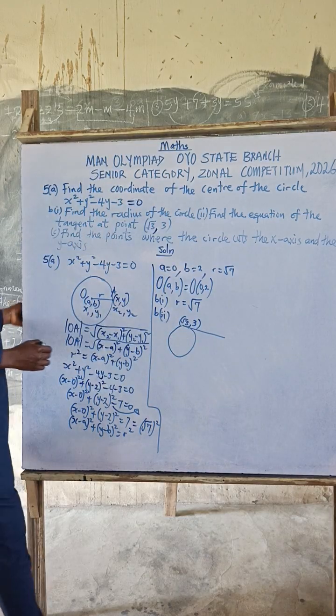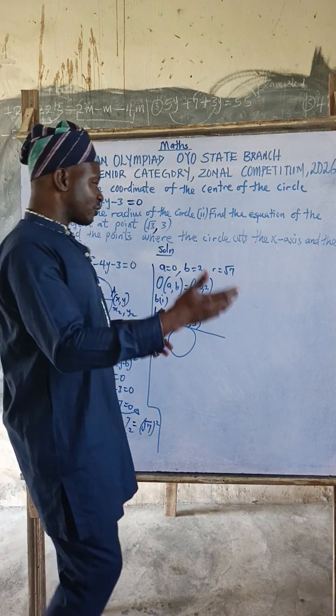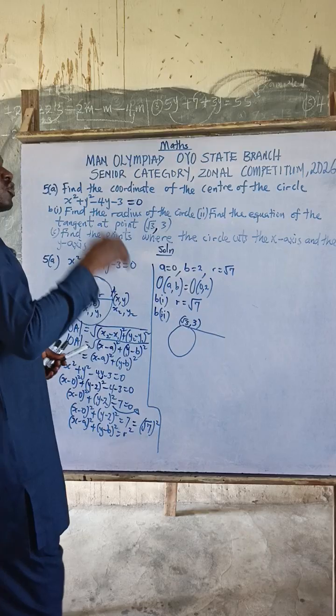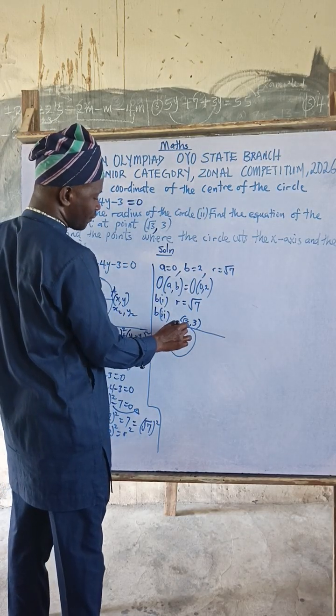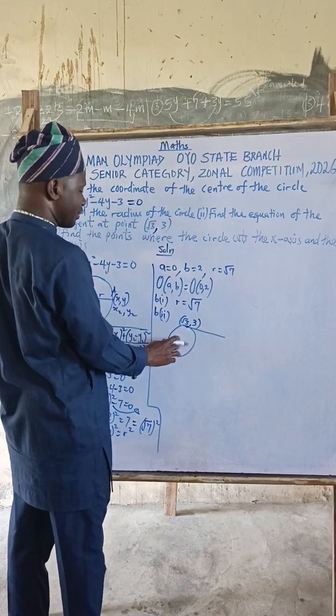A tangent is a line that touches the external part of the circle, while a normal is a line that touches the internal part of the circle. If any line is drawn from the center to the tangent, it will meet at 90 degrees.